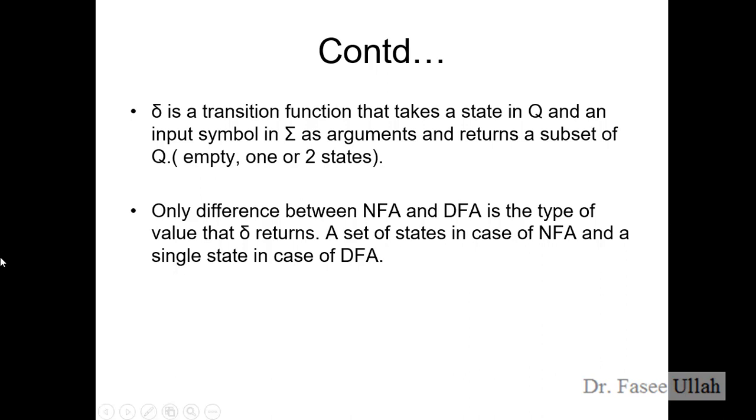Next, the only difference between NFA and DFA is the type of the returned transition value: a set of states in case of NFA, and a single state in case of DFA. In NFA we can have more than one intermediate node, while for DFA we have only a single state.